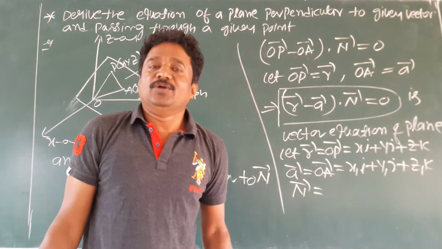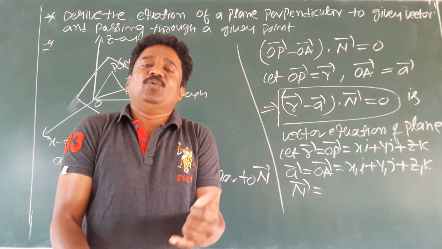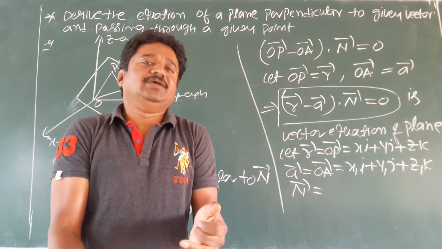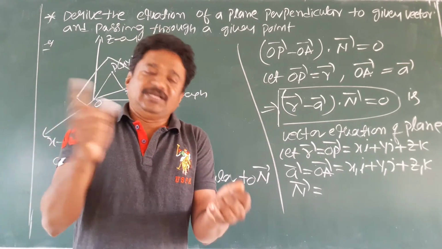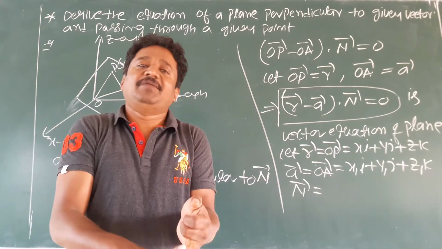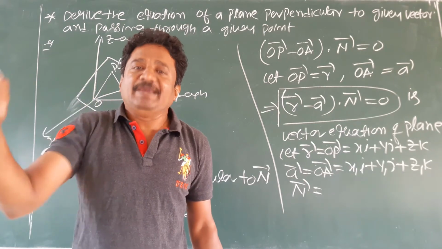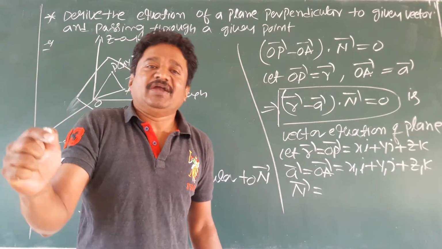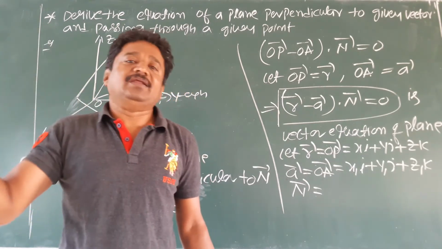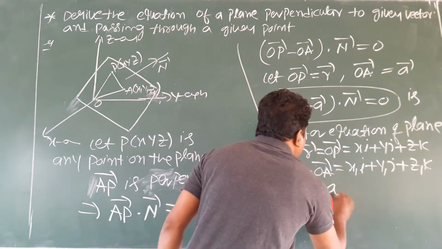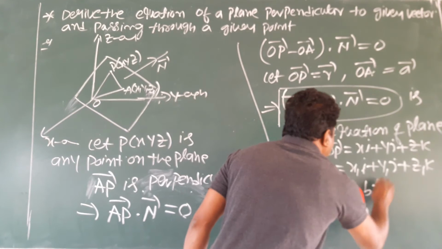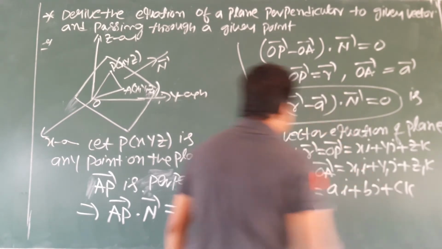Whether it is a parallel vector or a normal vector, you always use a, b, c. If it is a unit vector, you take l, m, n. So write vector n as ai plus bj plus ck.